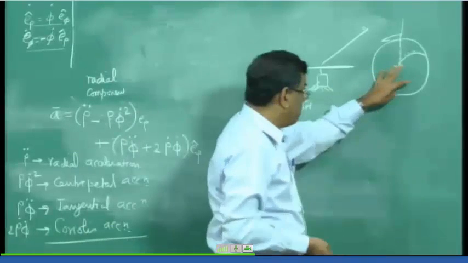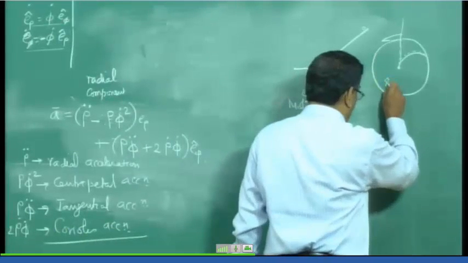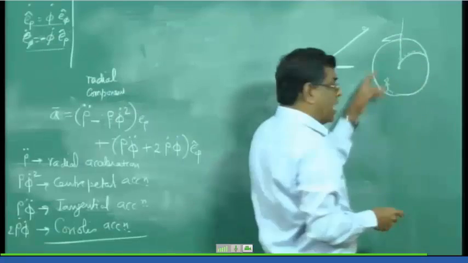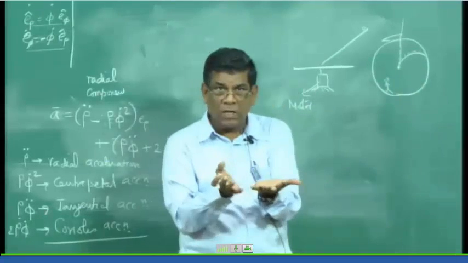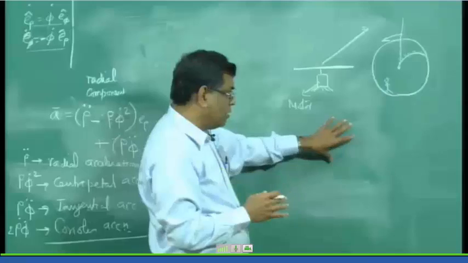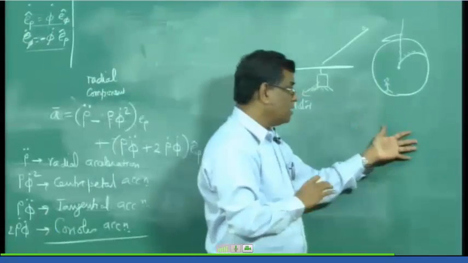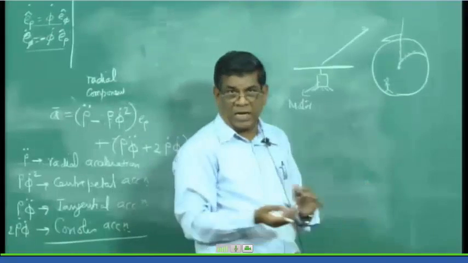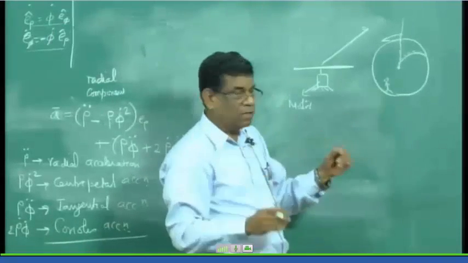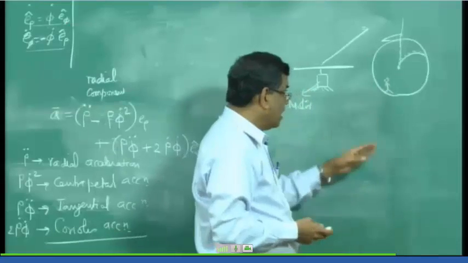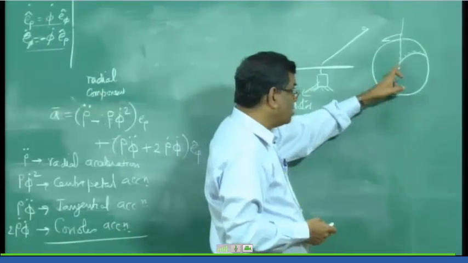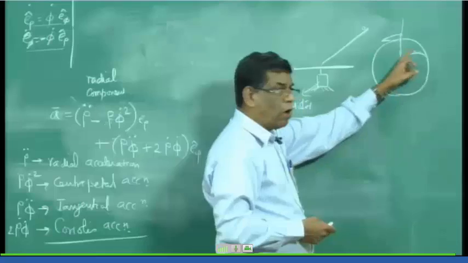So for a person who is standing here, this rotating platform is his world. For the person who is standing here, we are all outside this table. For us, this is an inertial frame. Earth is an inertial frame for the present purpose. So now the person here observes a motion which is very complicated.